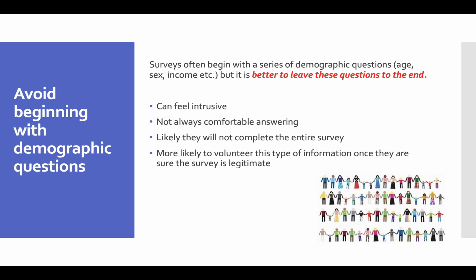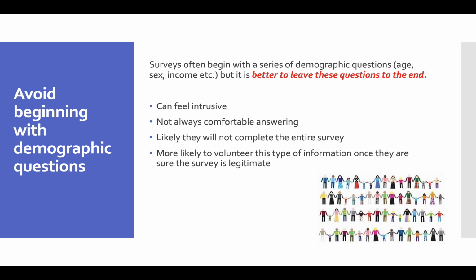Anyway, avoid beginning with demographic questions. Okay, this is one that can be controversial. A lot of people put demographics up front, and this is generally when you are doing a survey where you have a really big population and a lot of people you can reach out to, and you just want to get them through it right away.